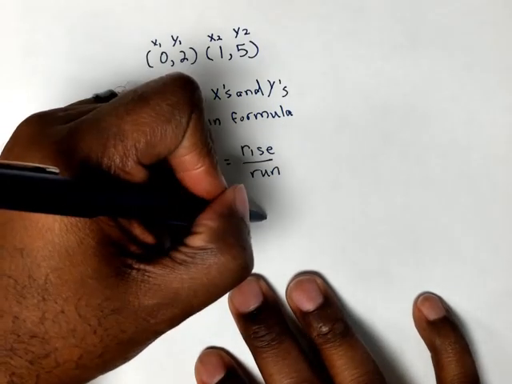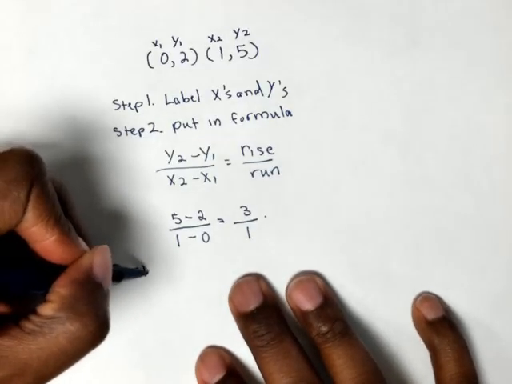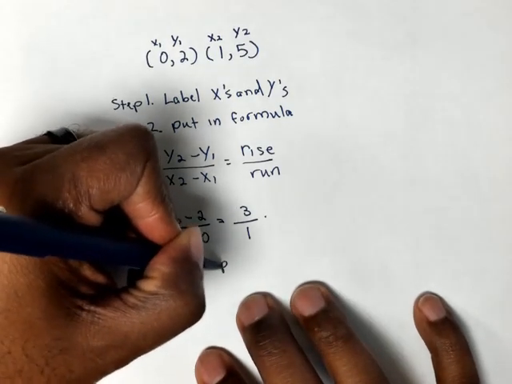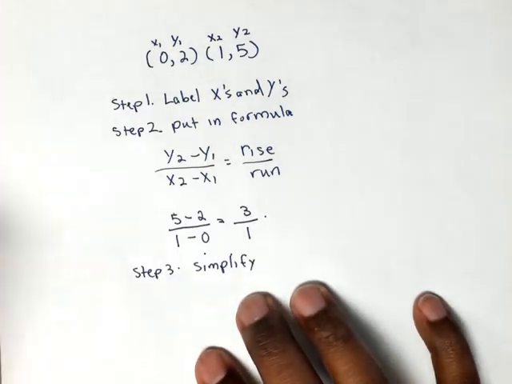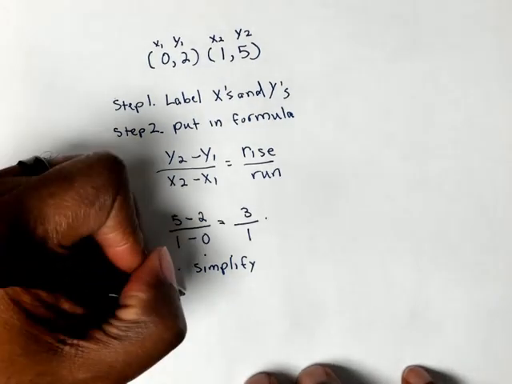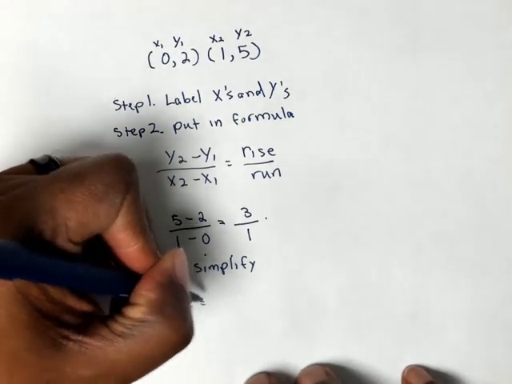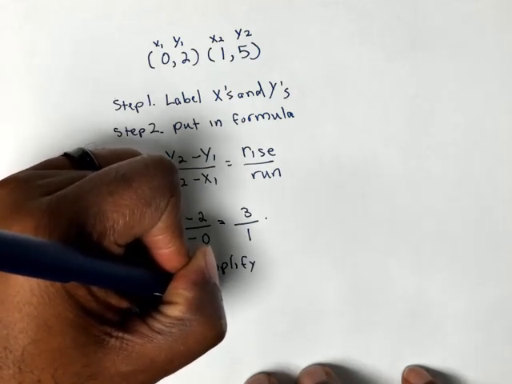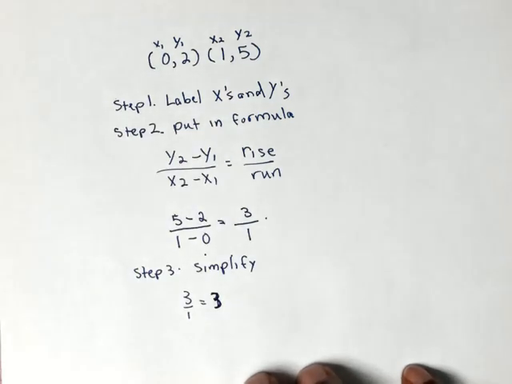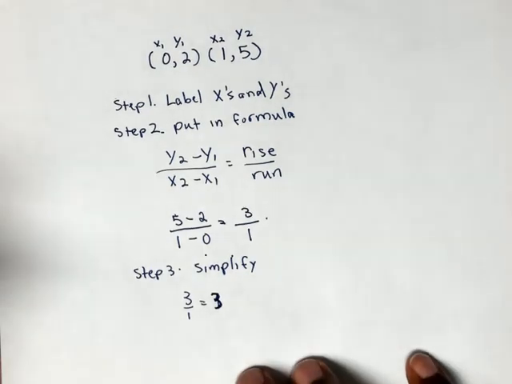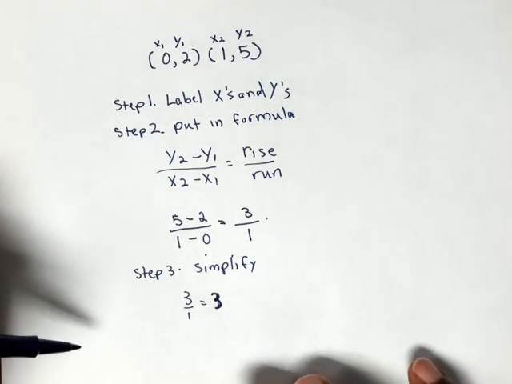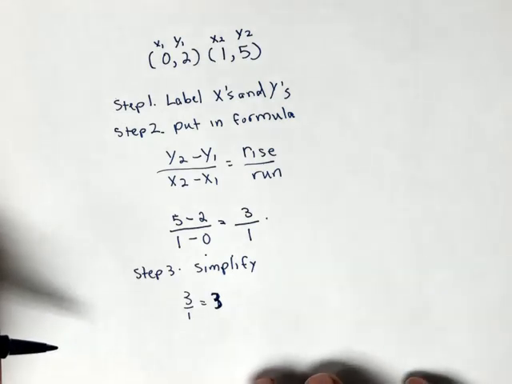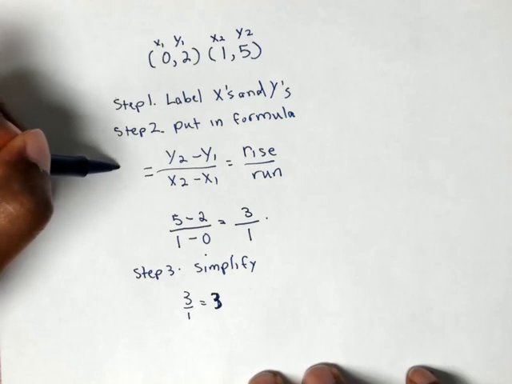The last step, step 3, is simplify. So 3 over 1 reduces to just 3. Oops, I wrote 1. 3 over 1 equals 3. If you follow these steps, you should be just fine with finding slope, which is also known as the letter m.